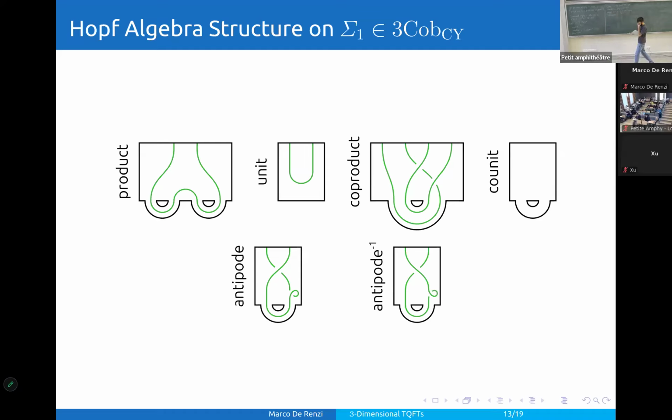So it's an object defined by a universal property. This means that when it exists, it's unique up to isomorphism.